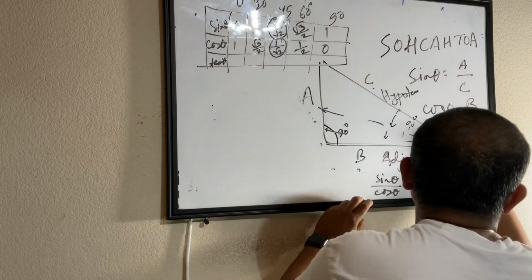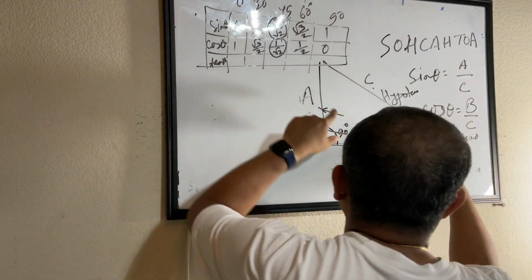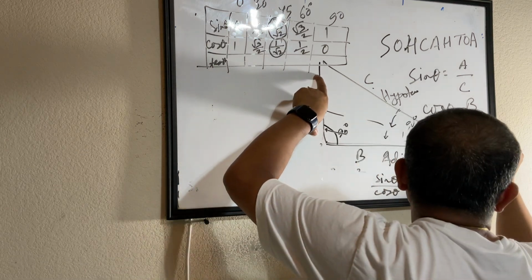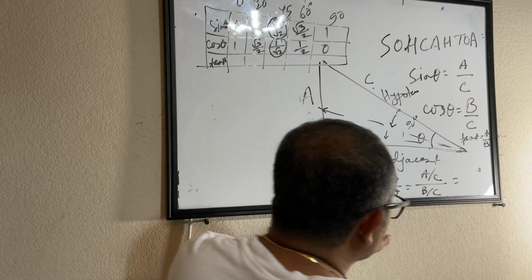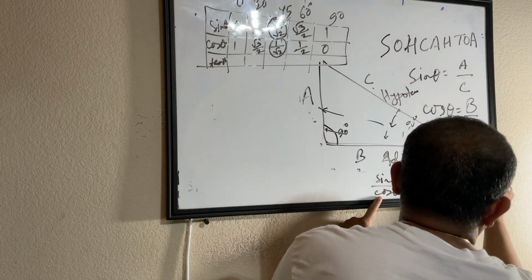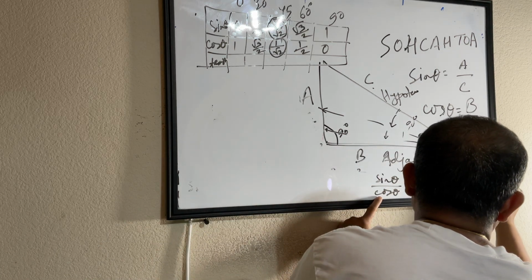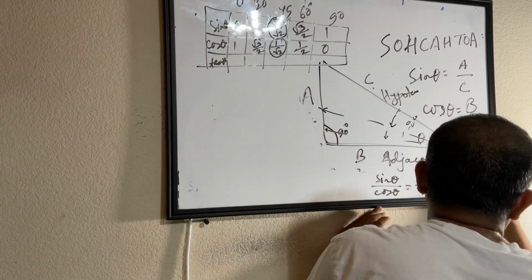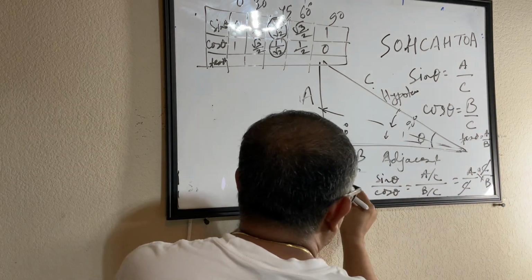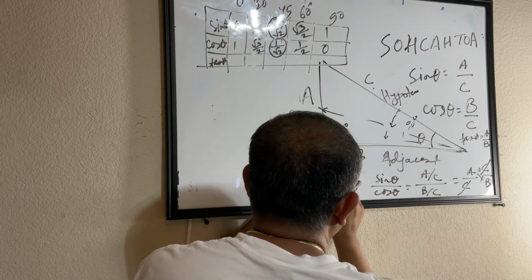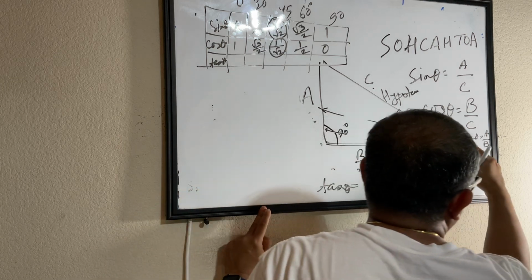And here I have tan theta, here is a by b. So sin theta by cos theta equals a by c, and this one flips, so it goes up, c by b. So c and c you can knock off, it's a by b. So sin theta by cos theta is also equal to tan theta, that you already know.